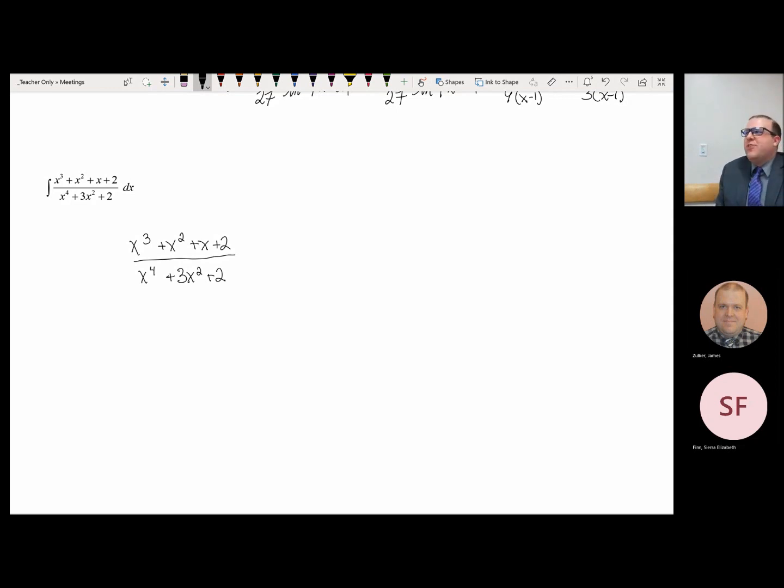And by the way, method of partial fractions can also be used in certain circumstances to avoid trig sub. We want to completely factor the denominator.